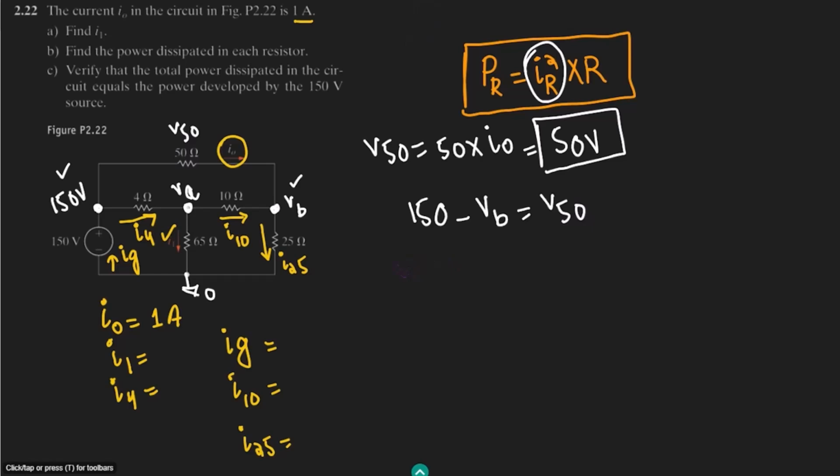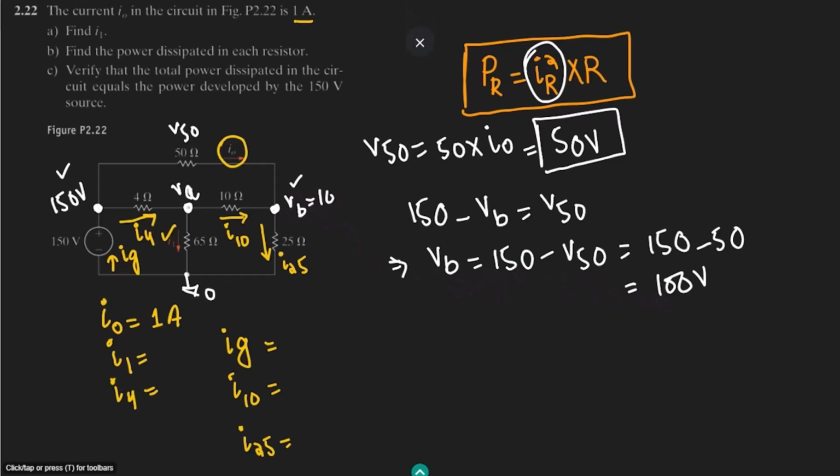As V50 is known, VB is 150 minus V50, so 150 minus 50, which is 100 volts. So the value of VB is known. Why this?